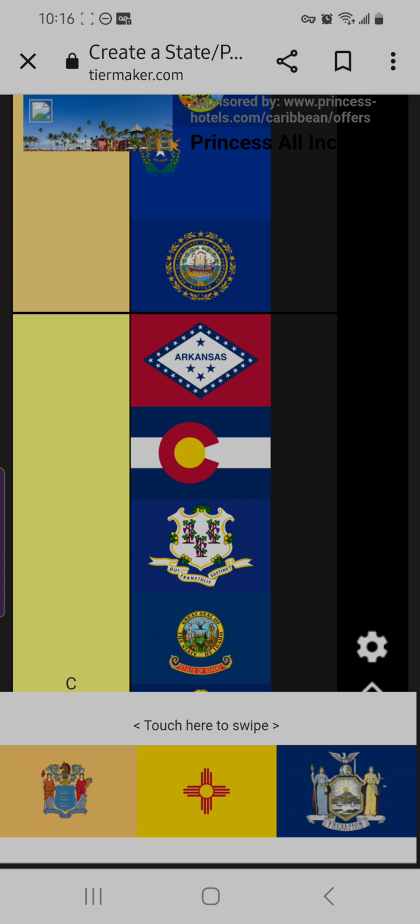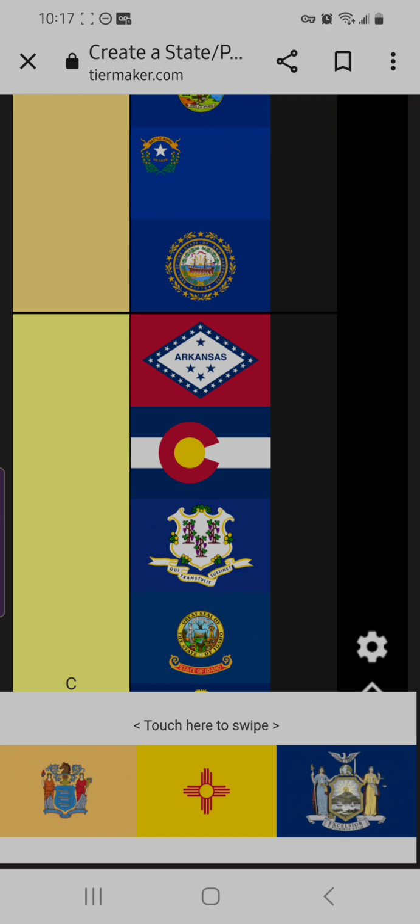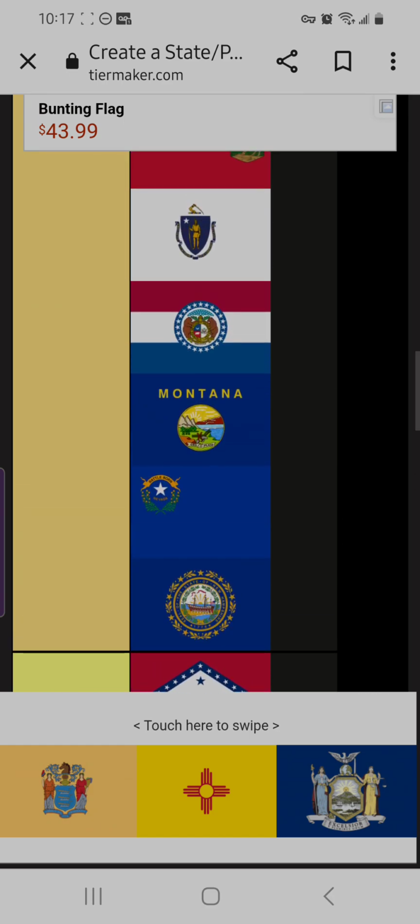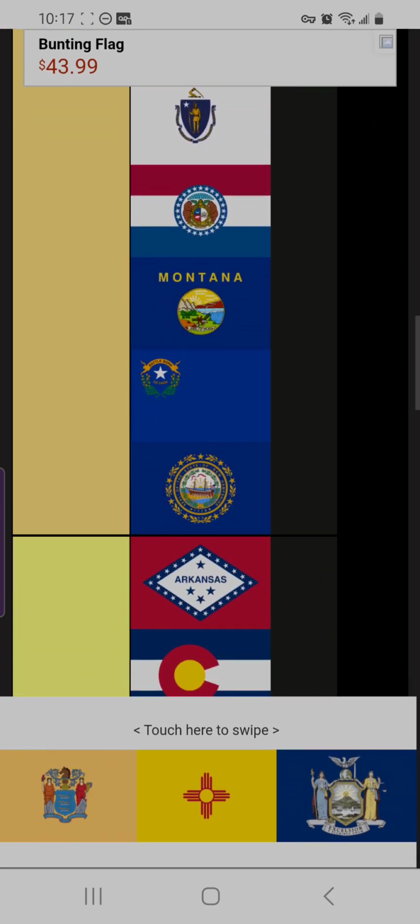But I think what's going on in New Jersey is what's appealing. There's two people, a shield and a horse. The horse is pretty cool, but the people are pretty much just okay. I will give this a neutral B.